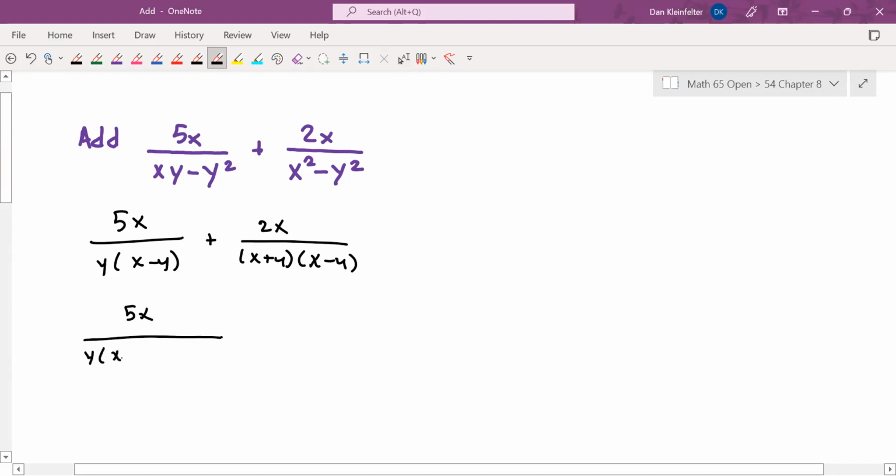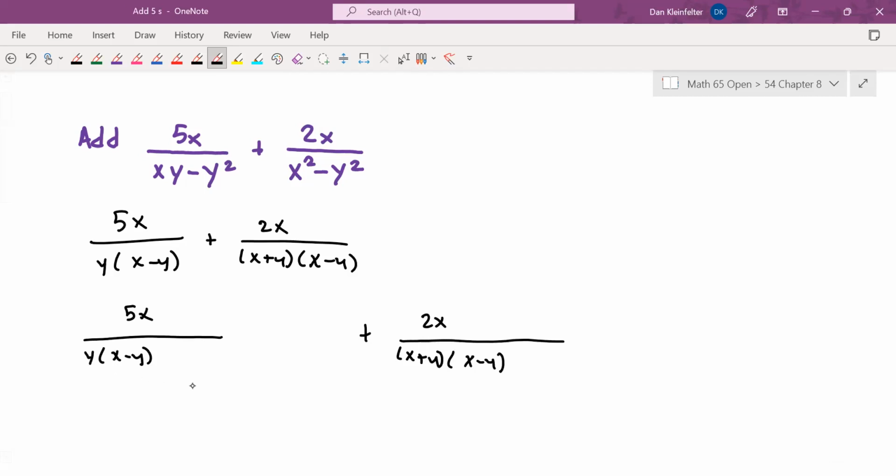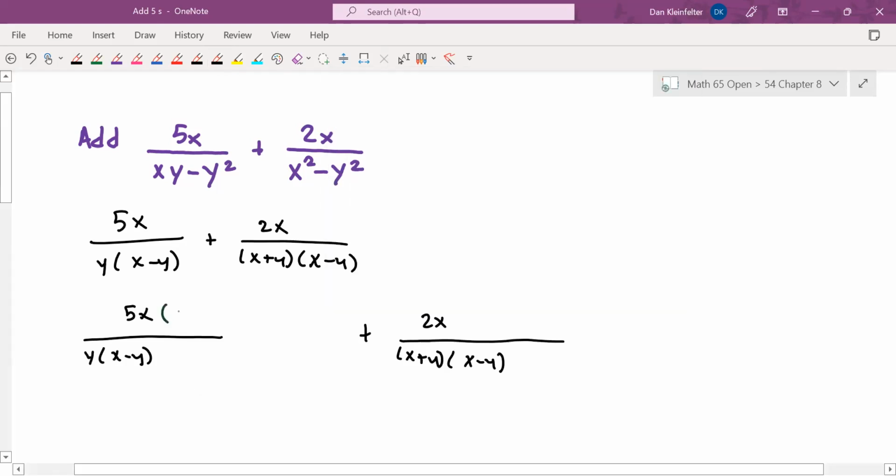Let me rewrite this, leaving a little room for all the factors we're going to have to put in. Okay, so the fraction on the left does not have the x plus y. So let's go ahead and put that in. So I'm going to multiply the top and bottom by x plus y.